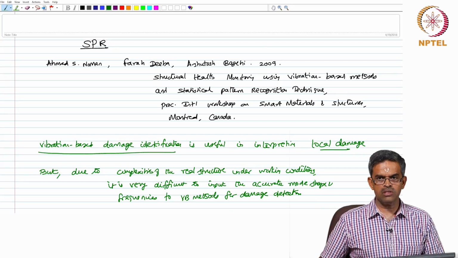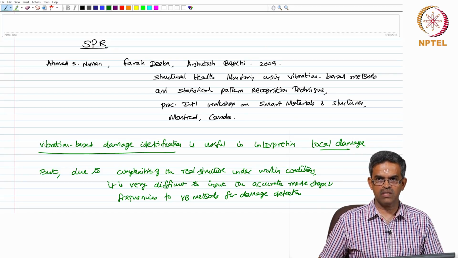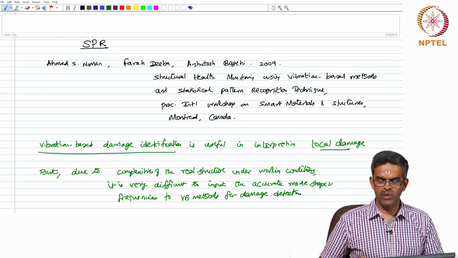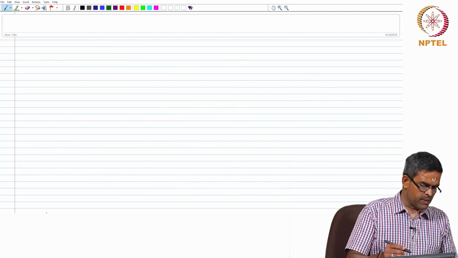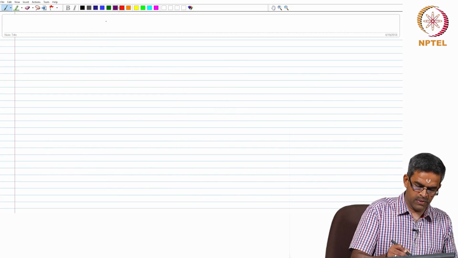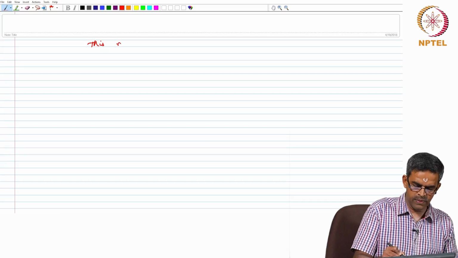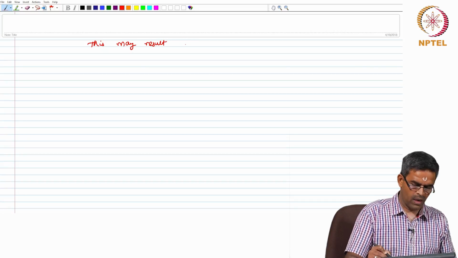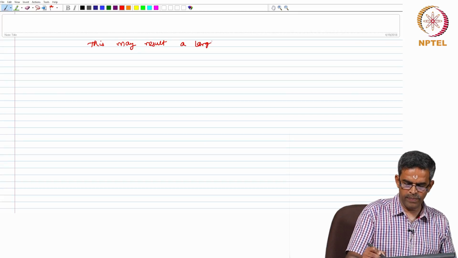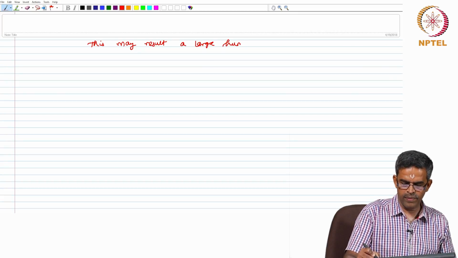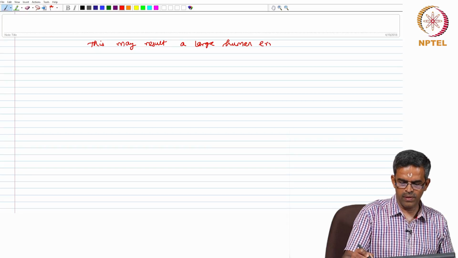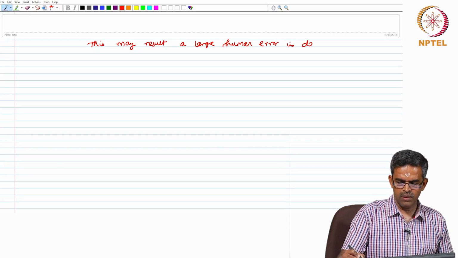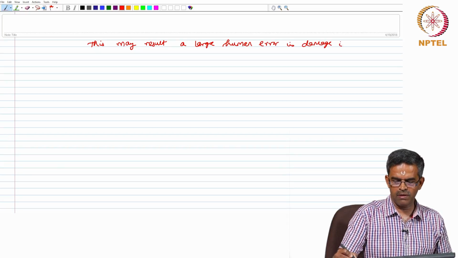To obtain the mode shape and frequency of a real structure under working condition is very complex. So, this may result in a large human error in damage identification.